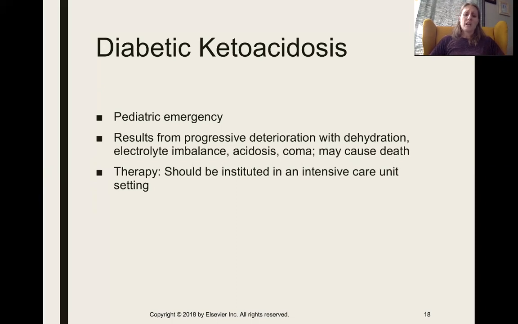We're going to administer a lot of fluids and electrolytes because these kids are going to have increased urine, so they're losing a lot of fluid. So we need to institute the fluid and electrolytes. Most of the time, these kids and adults too with diabetic ketoacidosis are going to end up in the ICU.